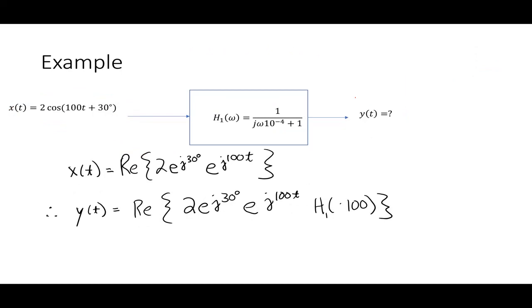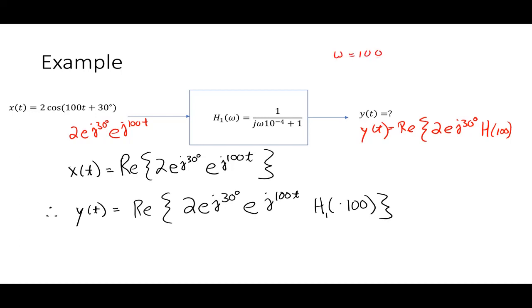Our goal is to figure out what y of t is. If I have going into my system 2 e to the j 30 degrees times e to the j 100t, my output y of t is the real part of 2 e to the j 30 degrees times h of 100, because omega is equal to 100, times e to the j 100t.